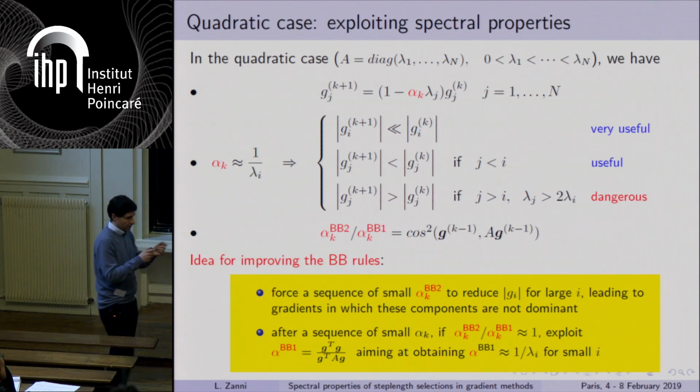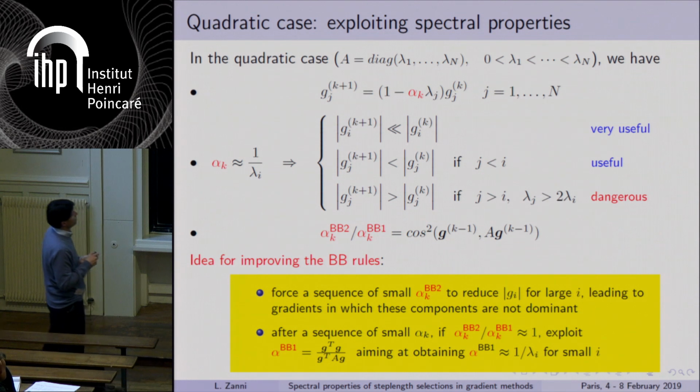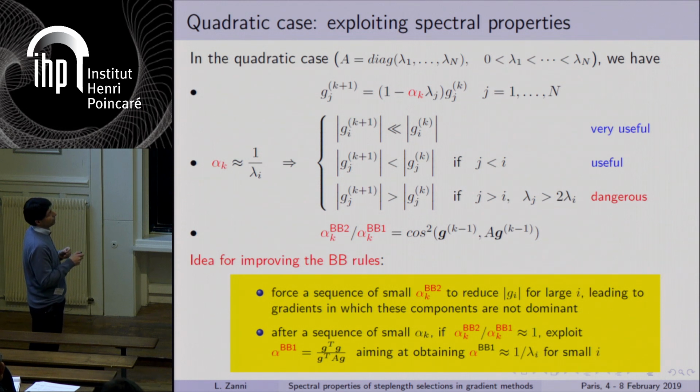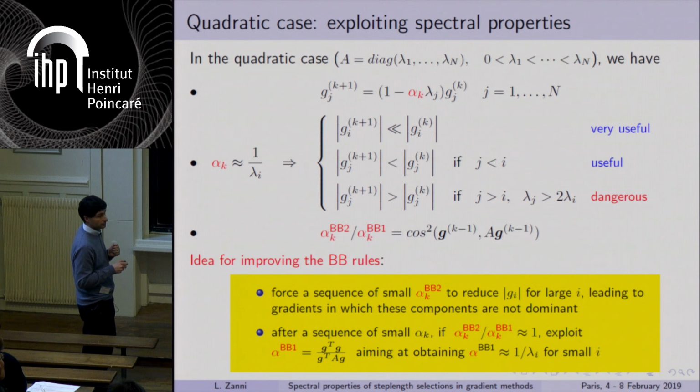So we can summarize this consideration by saying that if you use a short step close to the inverse of a large eigenvalue, then you are in the first two situations. But if you use a large step length equal to the inverse of a small eigenvalue, then you are in the first situation, but also in the third case. Okay?